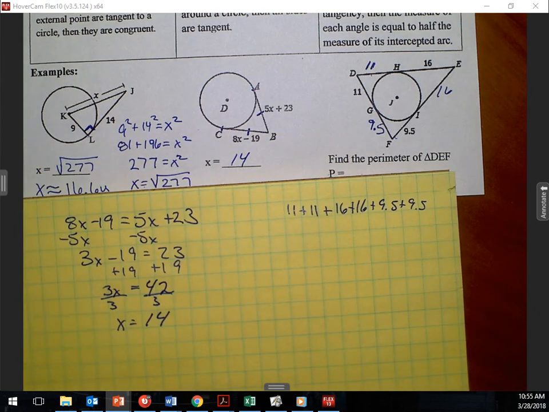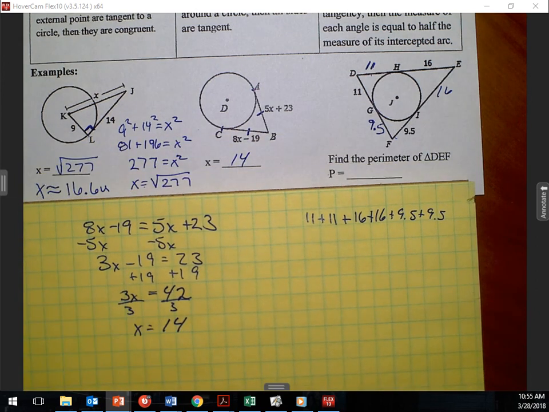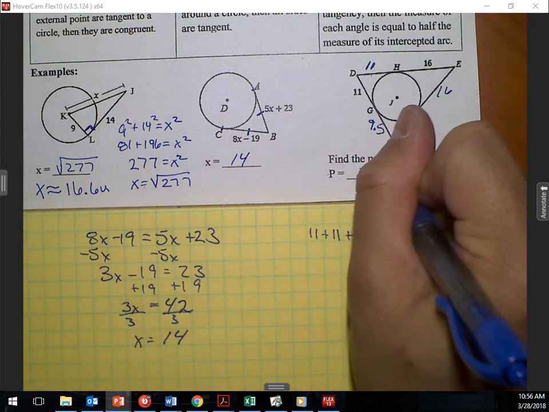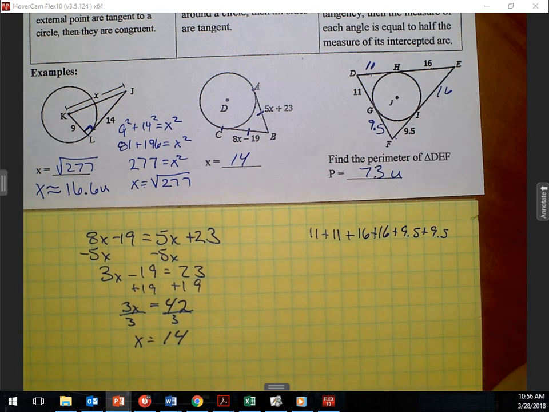Am I off the screen there? And what did you say? 73. Okay. And since I don't have any units there, it's going to be 73 U. Make sense? Okay, very good.